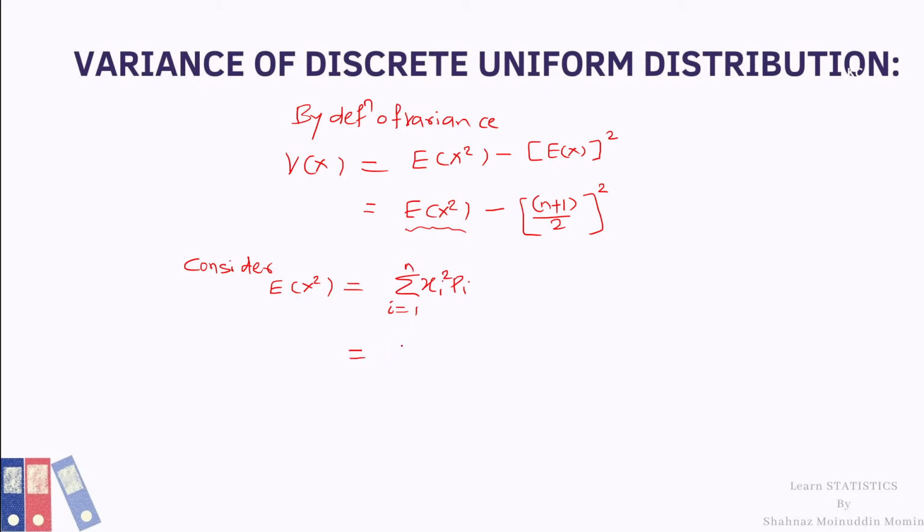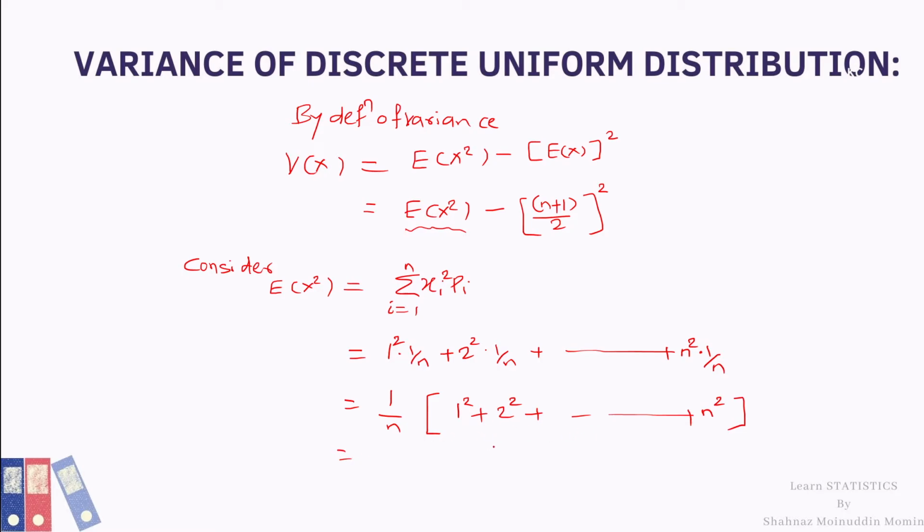By substituting the values of x and probabilities, we get 1 square into 1 by n, 2 square into 1 upon n, and the last value is n square into 1 by n. Further, I will take 1 upon n common, then 1 upon n into (1 square plus 2 square plus ... plus n square).